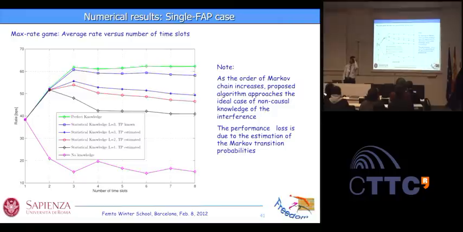Someone tells us the future over this number of time slots. This is an idealistic case, but just as a benchmark, right? So the green curve is the one where we know the future. All the other curves are only assuming a statistical knowledge. So we estimate the transition probabilities. We use them in the algorithm that I proposed before.